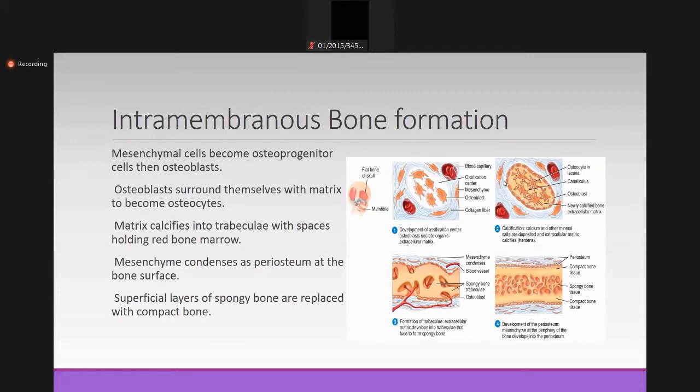The blast-like cells will be at the periphery, and what remains will be the osteocytes, within the lacunae. The matrix will be formed in between the osteocytes, which holds the bone marrow. As the bone develops, full development takes place towards the periphery of the bone, where we will have the periosteum.